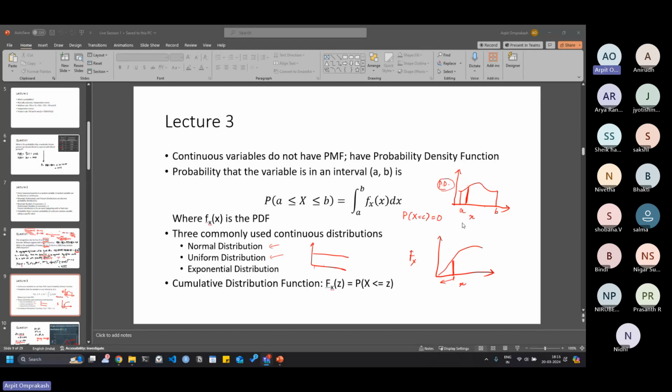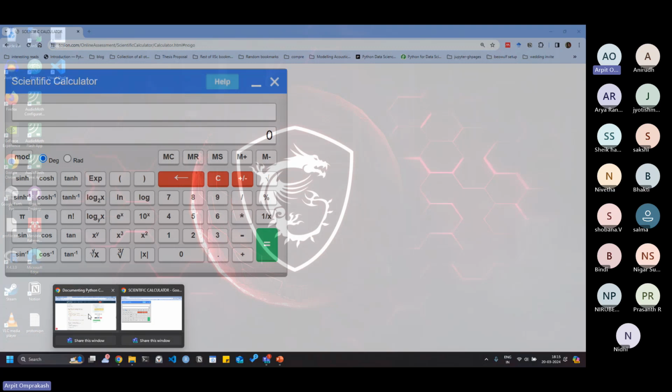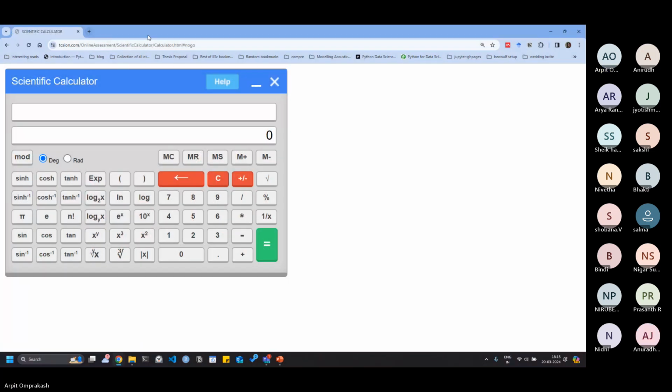I think there will be calculation questions based on probability distributions.